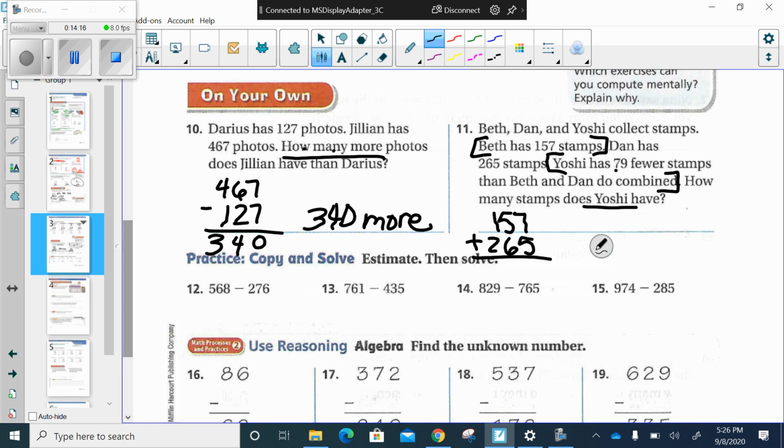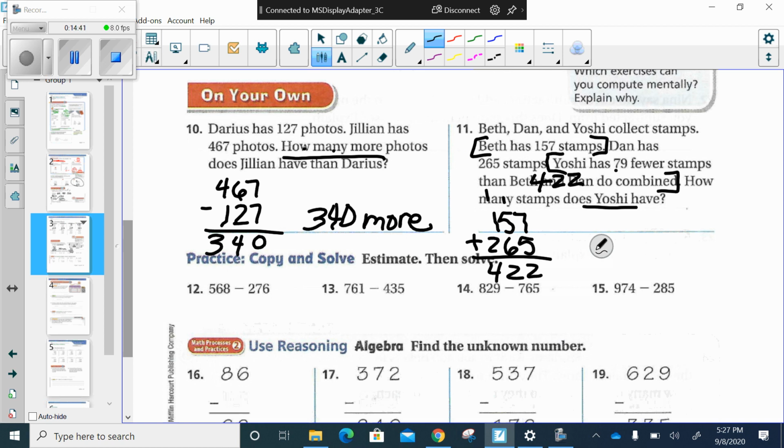So 5 plus 7 is 12. 6 plus 5 is 11 plus 1 is 12. 2 plus 1 is 3 plus 1 is 4. Together, Beth and Dan have 422 stamps.